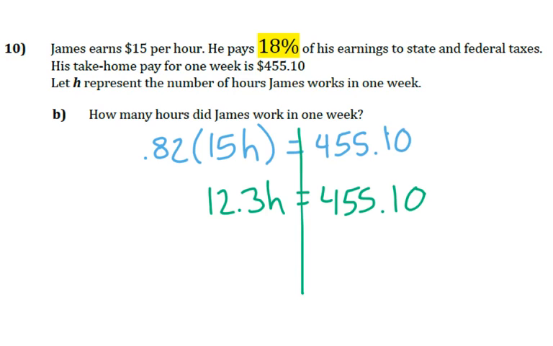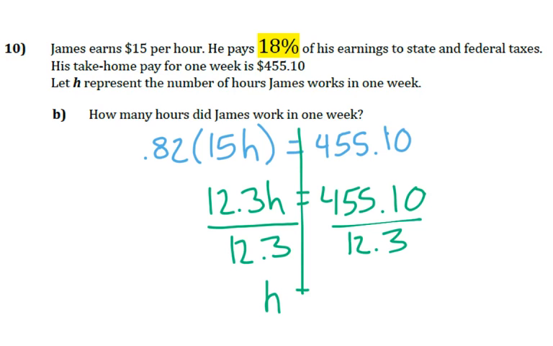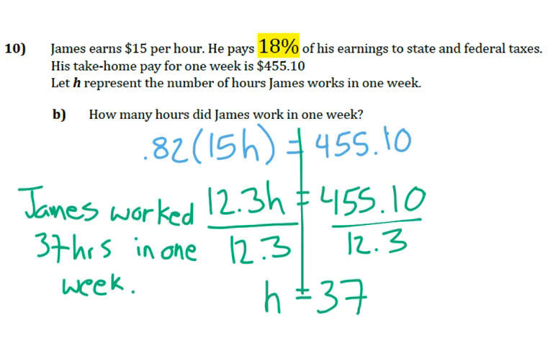Now, we're going to do the opposite of what's happening to our variable h. So we're going to divide, since it was multiplying, by 12.3 on both sides of our equation. And so h, or the number of hours he worked in that 1 week, is 37. So we know James worked 37 hours in 1 week.